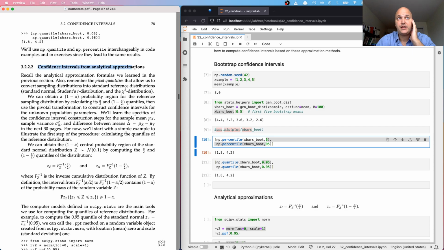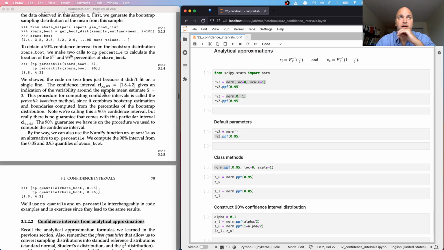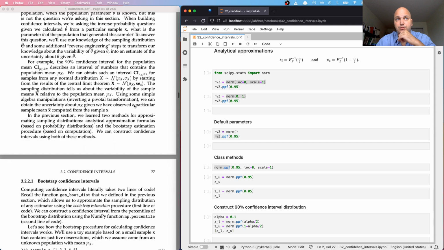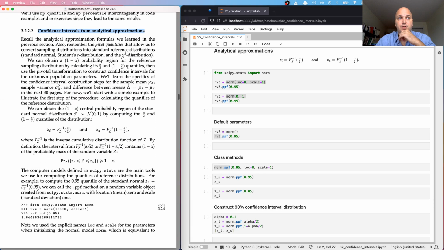The other way is using analytical approximations. Again, this is cutting off the bottom alpha over 2 and the top alpha over 2. When you have a probability model for the sampling distribution, you have an equation. I don't put the equation here, but the standard normal is e to the minus x squared.